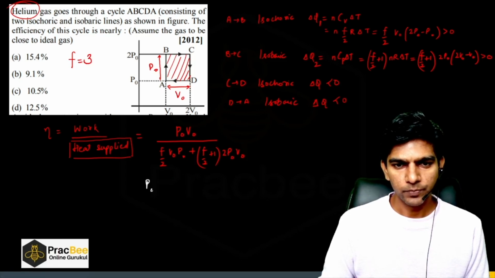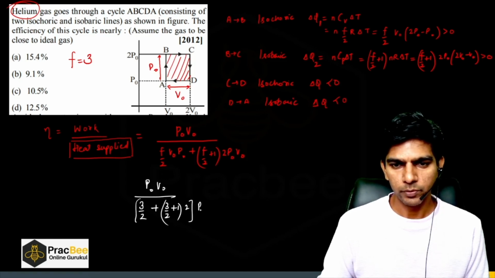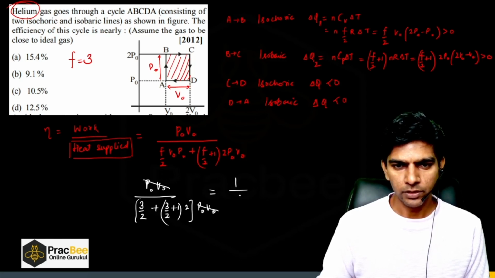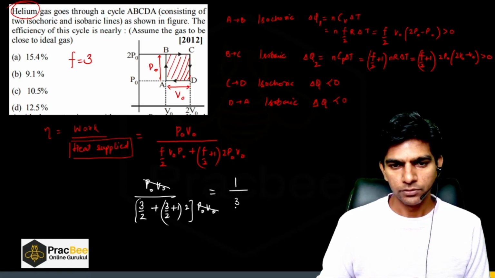So we have P₀V₀ divided by (3/2 + (3/2 + 1) times 2). This P₀V₀ is common, so it will get cancelled out. So it will become 1 upon (3/2 + 3 + 2), right?